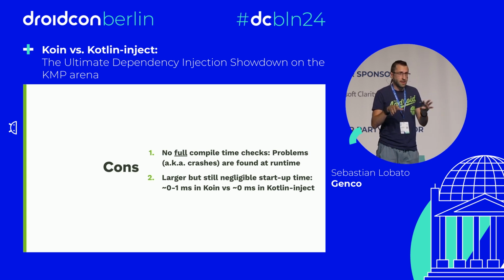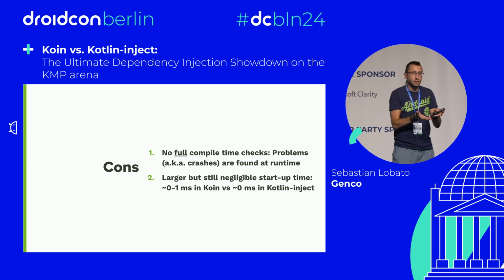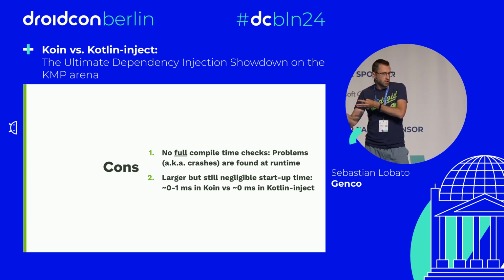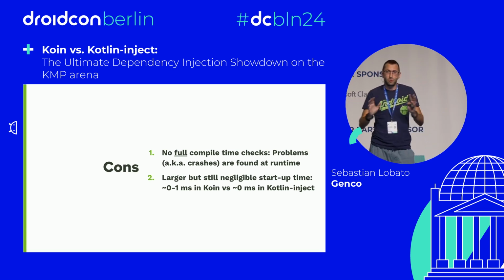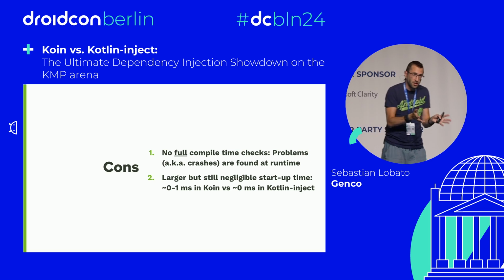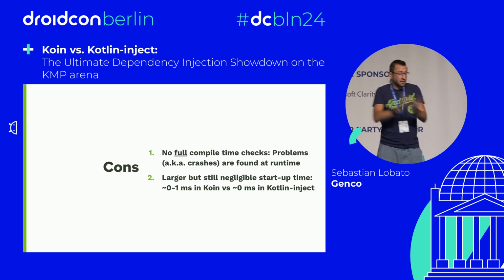Koin offers a very nice and easy unit test system to verify that your dependency setup works. Also, you can use alternatives, since more than a year now, annotations, if you really like annotations instead of the DSL. But both of them will make sure that you have a really safe configuration of the dependencies, but a safe configuration doesn't imply that it's crash-free at runtime.